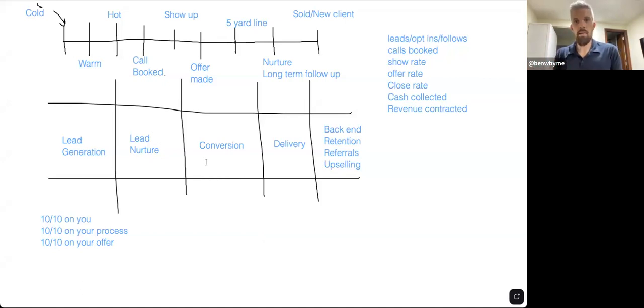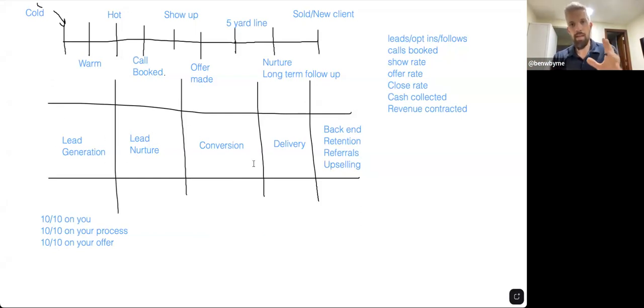That's okay. I've seen people close as high as 80%, 70%. Anything around 40 is what I would be aiming for. Anything below that, it's either we're lacking the skills, maybe there's a problem with our offer, or more likely we're talking to the wrong people, which again goes back to the marketing, which is what's creating the leads.